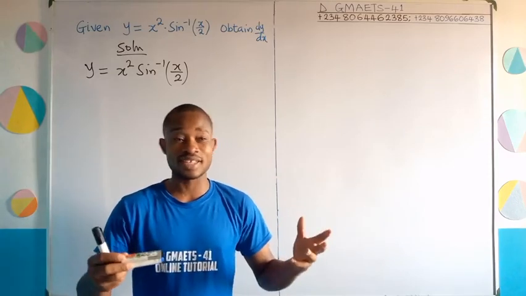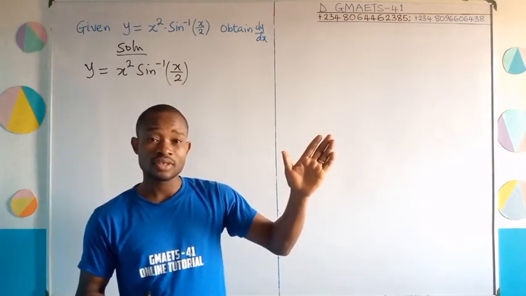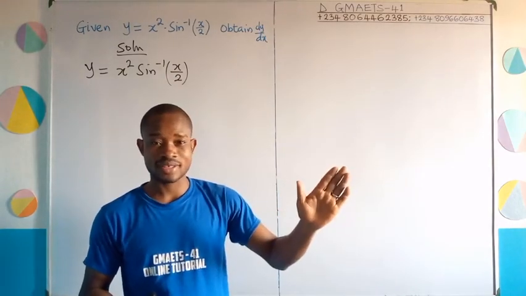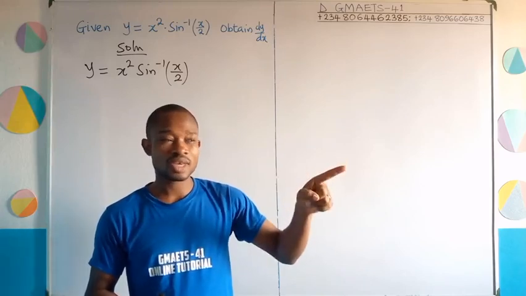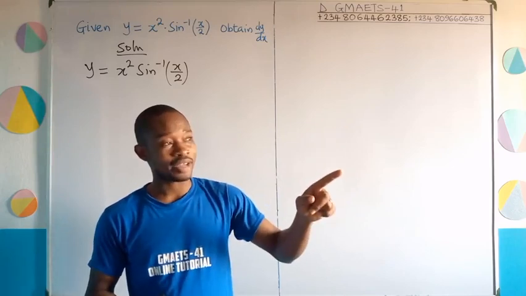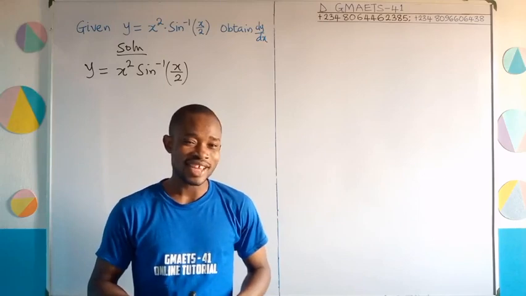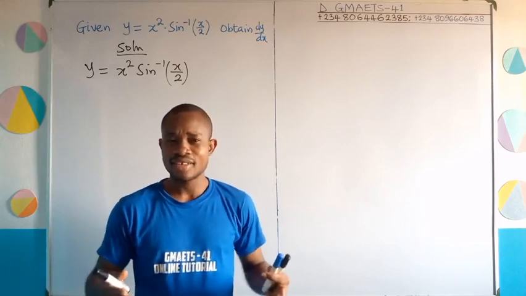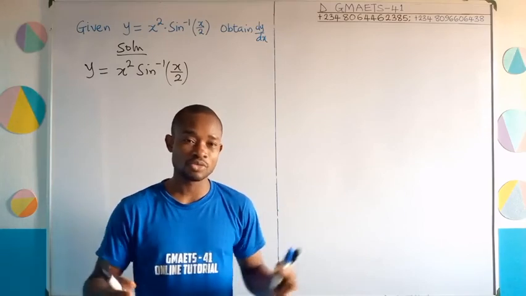The formula states that dy dx is equal to: keep u constant, differentiate v with respect to x, so you have u dv dx, then plus keep v constant, differentiate u with respect to x, so you now have plus v du dx.